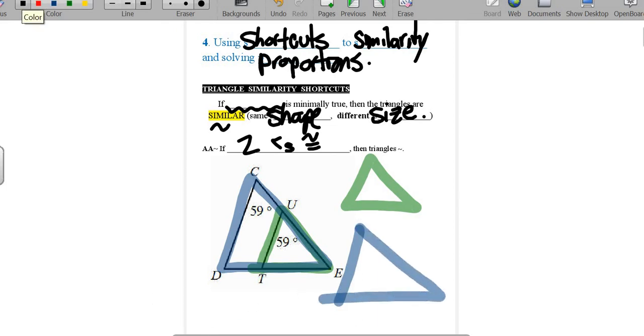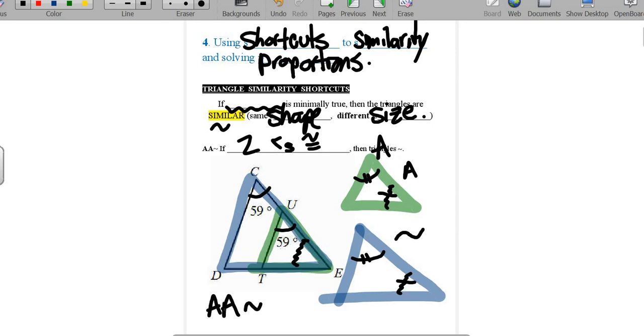See in this diagram, they both share this angle right here. They share that, so that's congruent. So hatch mark, angle. And they both have 59 degrees right there. So we can say these triangles are similar by angle similarity. Remember, similarity is not congruency. Same shape, different size. That's angle similarity.